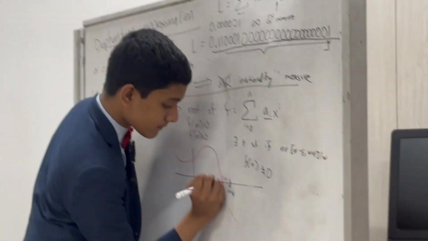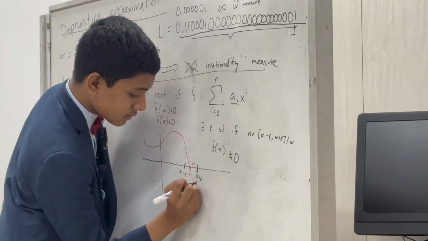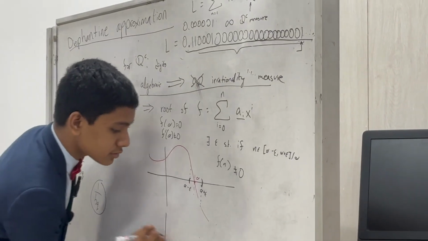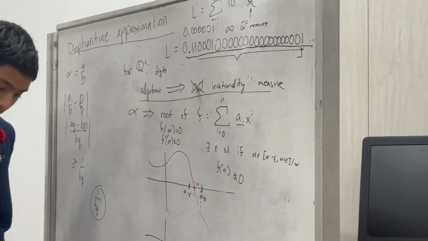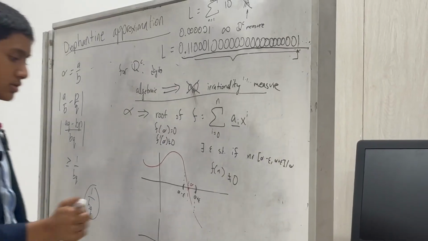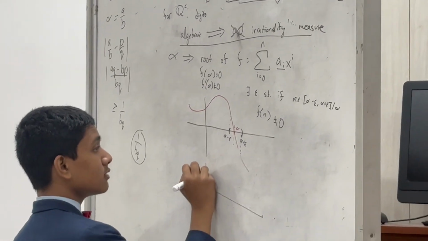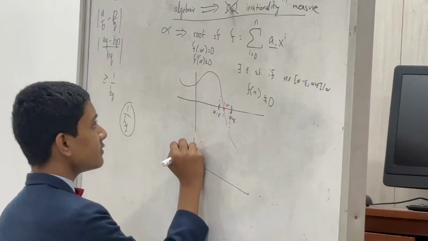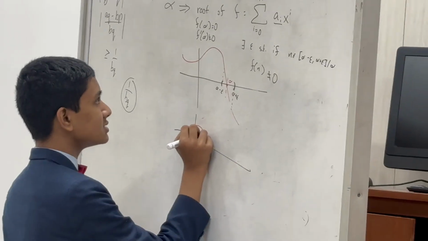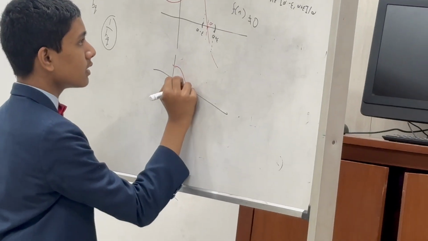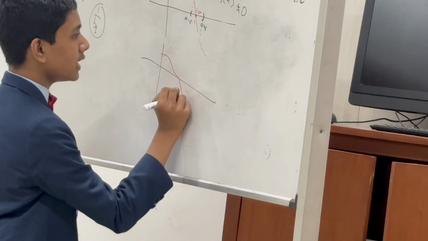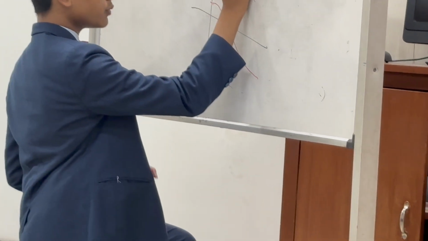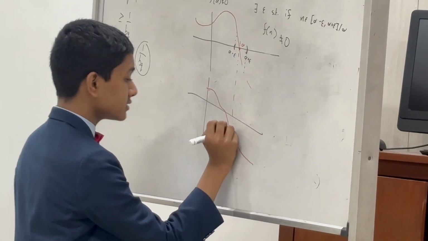So we now have this. Now what I'm going to do is draw f prime of x, which is going to look like this. So it goes down to 0 here, and then actually it becomes negative, and then just keeps decreasing. Which means that around the point of alpha, it's right here, just as we expect.